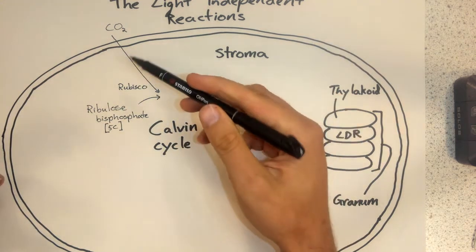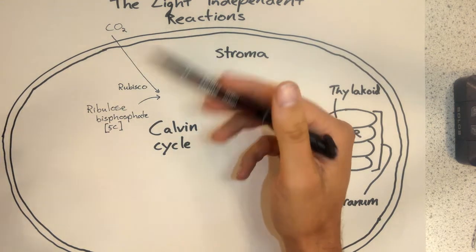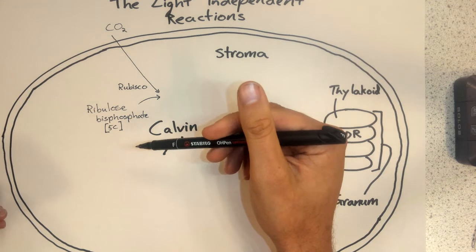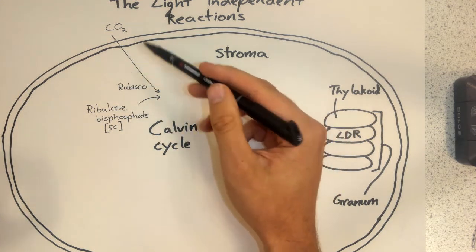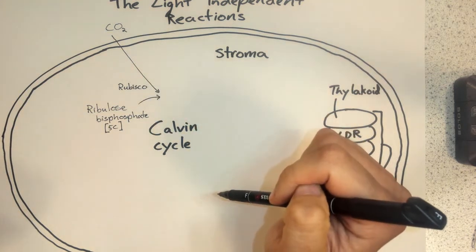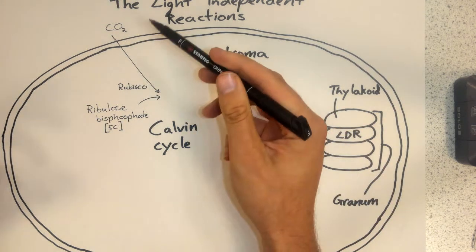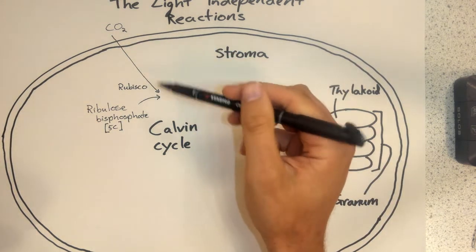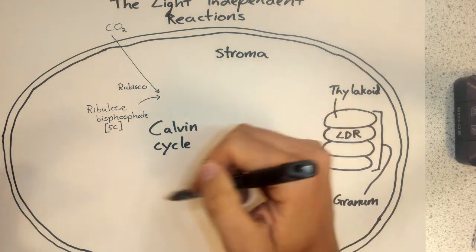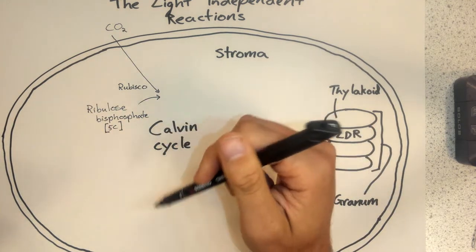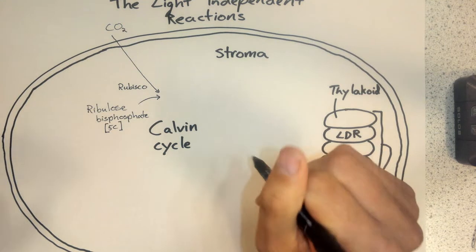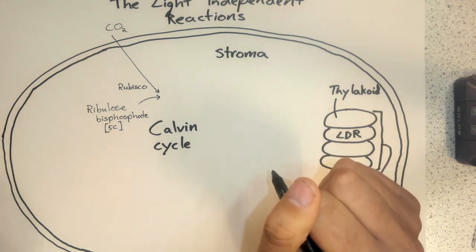What I mean by that is it's very slow. You need a lot of rubisco to capture enough carbon dioxide. It also sometimes captures the wrong molecule. It sometimes captures oxygen, which causes all kinds of problems for the plant in a process called photorespiration. But we're not going to cover that here.